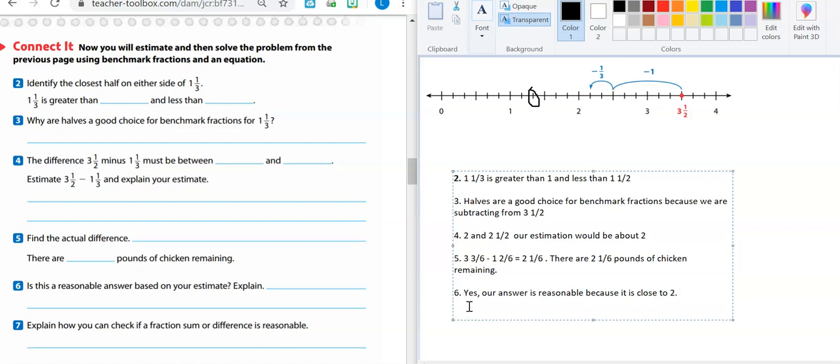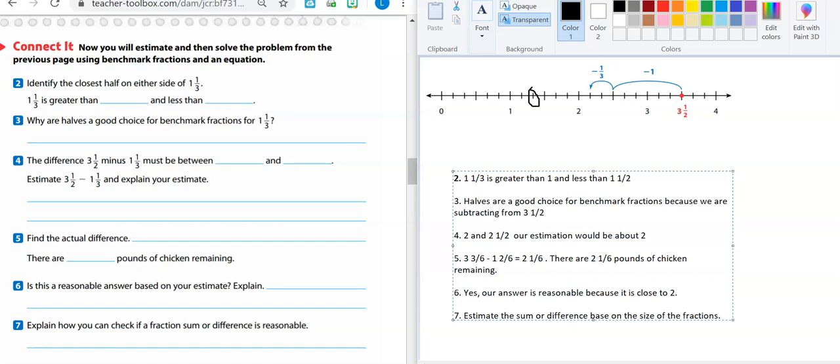We're going to move on to 7. Explain how you can check if a fraction sum or difference is reasonable. For us to explain how we can check, we can estimate the sum or difference based on the size of the fractions.